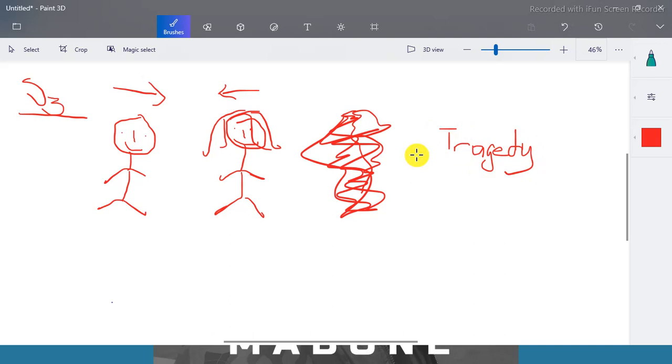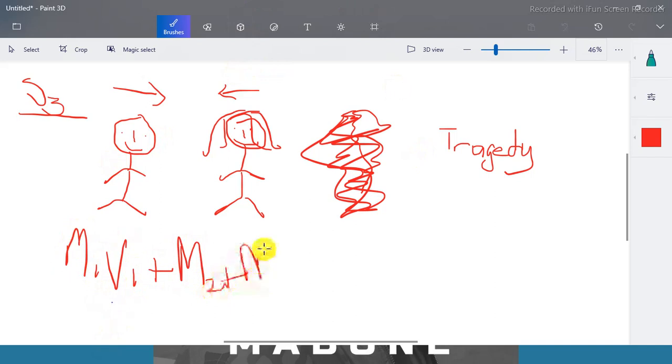Pretty much simple. How will the formula be, guys? We know that on this side he was moving alone and she was moving alone, no problem, right? All right.